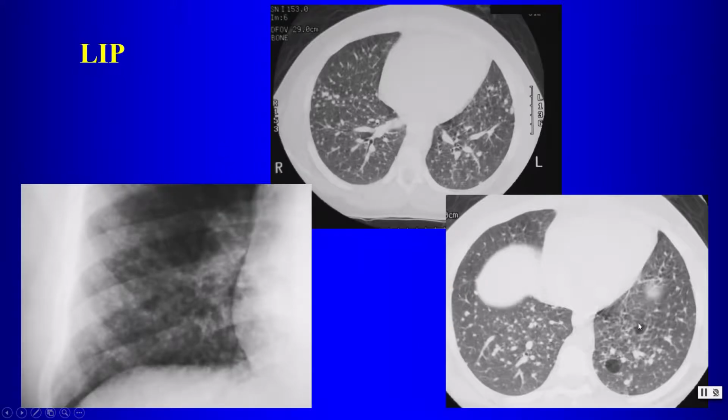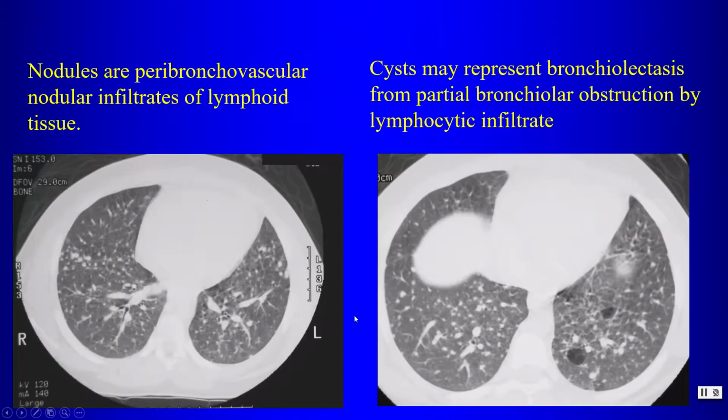These cystic lesions, which are thought to occur from air trapping as a result of the proliferation of the lymphatic tissue around small airways, tend to be the most specific feature of LIP. So if we see some nodules with cystic lesions like this in a patient who's HIV positive, we should consider LIP.